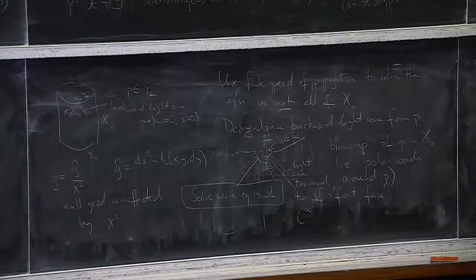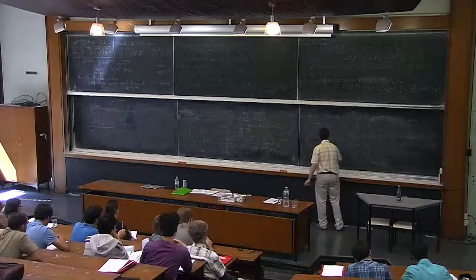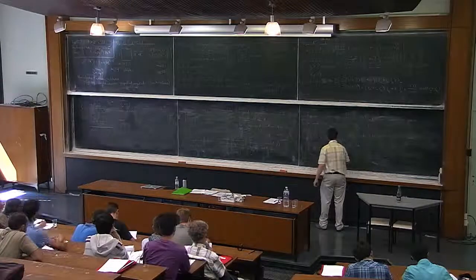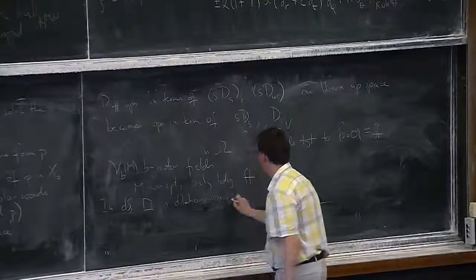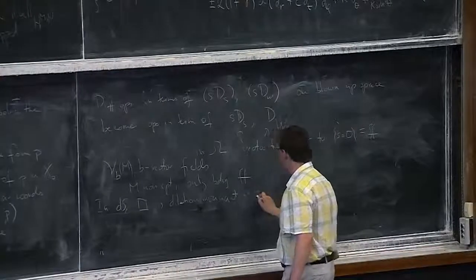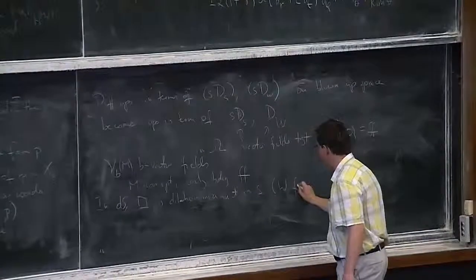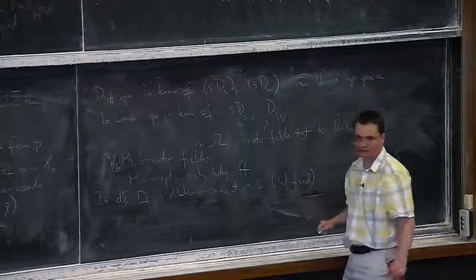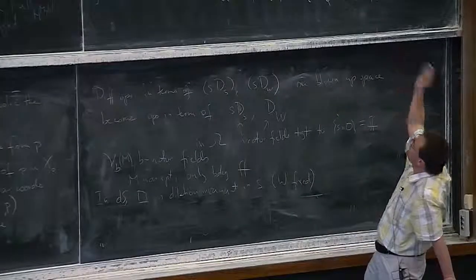So in de Sitter space, you can arrange that that box is dilation invariant. So W fixed at the dilations. And concretely, that's the form of the operator up there.